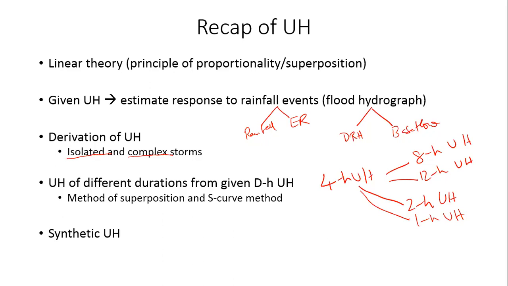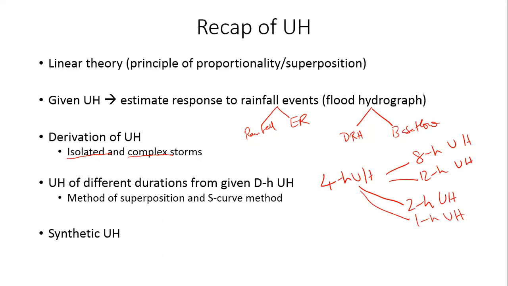So I can say, if the size of the catchment is so and so, and if the slope of the catchment is so and so, then this is the kind of time of concentration that you may expect.